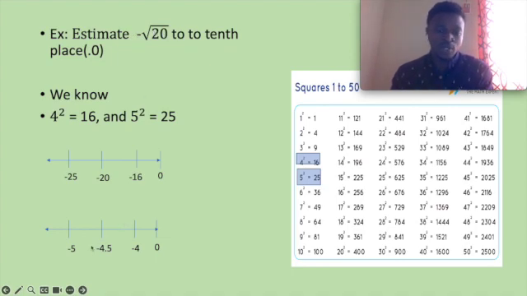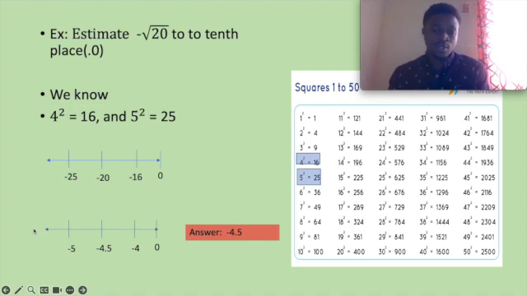Because we're working in a negative range, 4.5 would be the right number that matches up with that 20 here. Similarly to our previous example, we concluded that 4.5 was the best number to give us the square root of 20. But because now we have a negative sign here, the answer would be negative 4.5, as we're dealing in the negative spectrum. And as you can see, the numbers are getting smaller as we get to the left side.